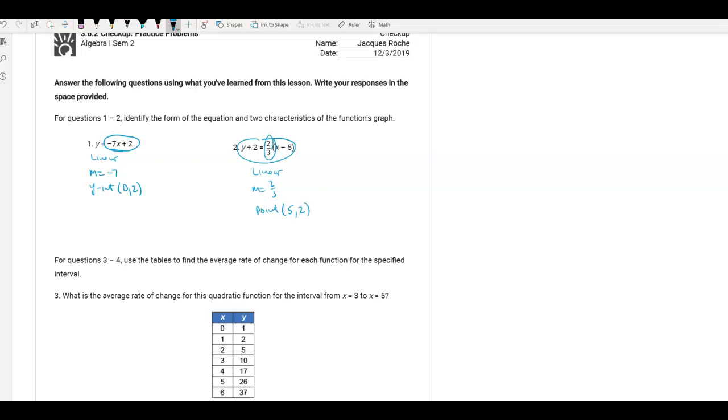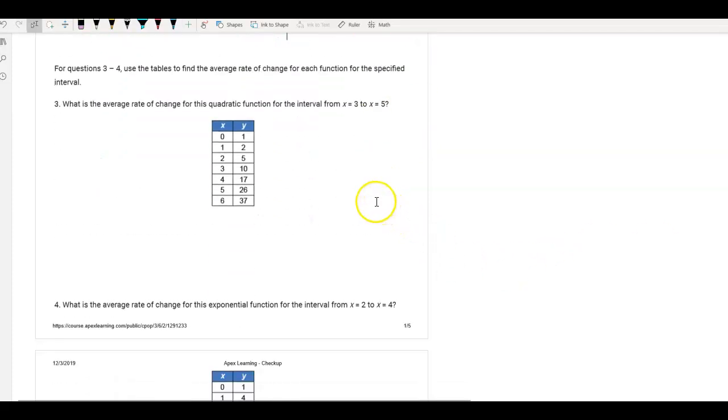Remember, when you have x minus 5 here, right? The point slope form is y minus y equals m times x minus x. So when we plug the x value in, we change the sign. So when we pull the x value out, we change the sign. Okay. Number 3.